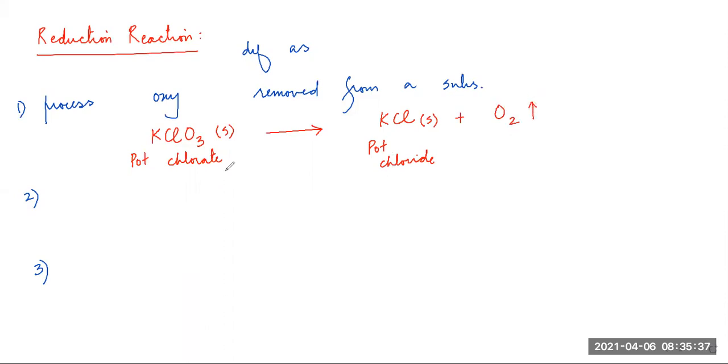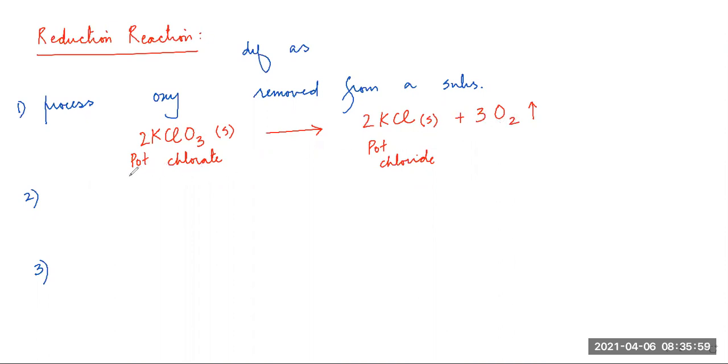Now, how do we balance this? This is O2, this is O3, so better add 2 here. So K becomes 2, Cl becomes 2, and oxygen has 6 atoms on both sides, adding 3 O2. This is balanced.